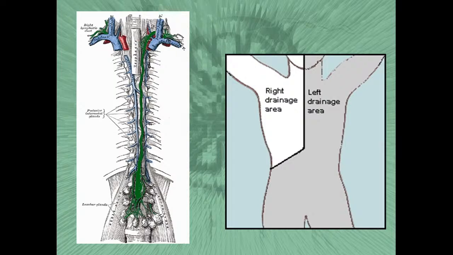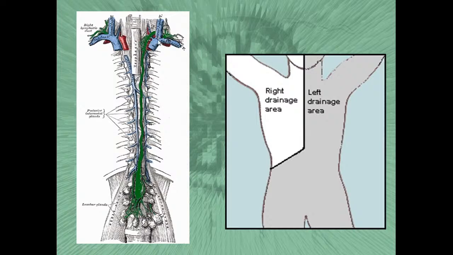Then exits the thoracic cavity through the superior thoracic aperture and enters the neck region, where it receives left jugular trunk, then curves posteriorly to the left internal jugular vein, receives left subclavian trunk, and empties into the left venous angle, also known as the Pirogov's angle. It's a junction between the left internal jugular vein and left subclavian vein, so it empties in this place.